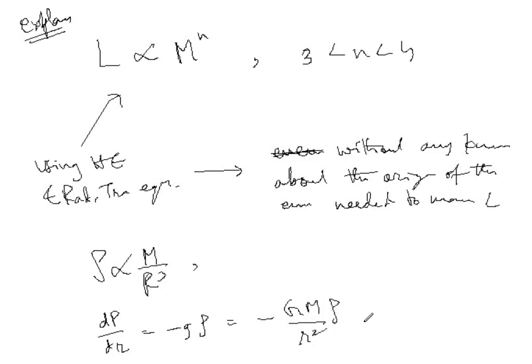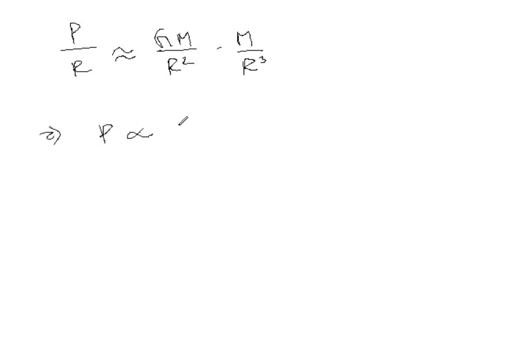So we can roughly approximate it as P by r approximately equal to G m by r squared into m by r cubed. So this means that P is proportional to m squared by r to the power 4.